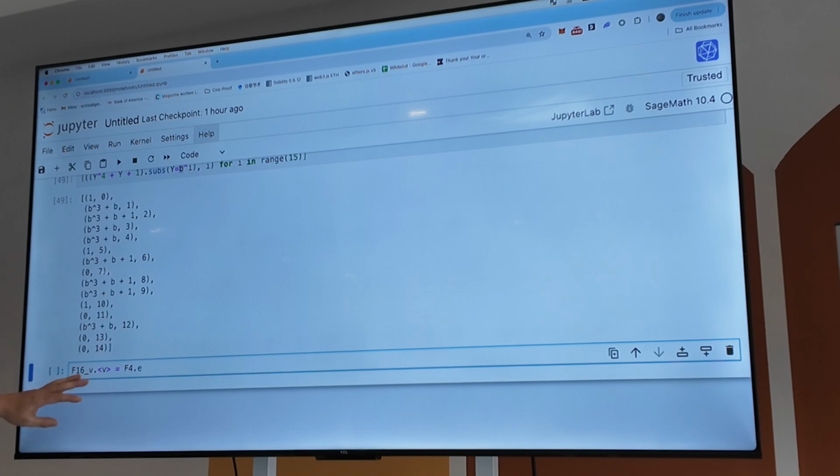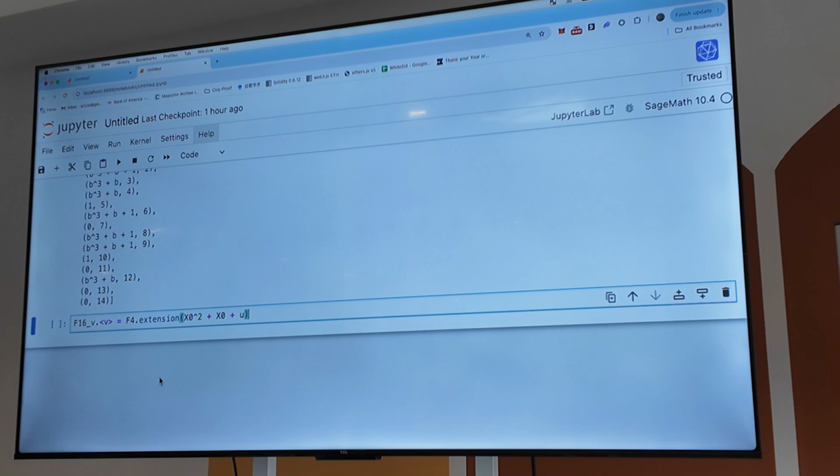Now, over F4, we just use a degree 2 irreducible polynomial for the extension: x0 squared plus x0 plus u.